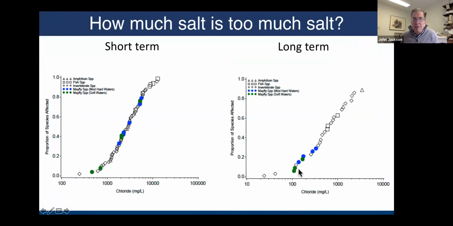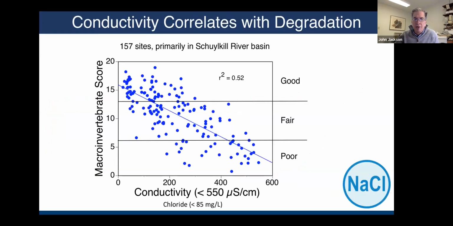And mayflies and juvenile mussels are changing the conversation about salt sensitivity because new data are coming in. That may be why we haven't had a new federal standard, trying to adjust for all these factors that we now know are important.